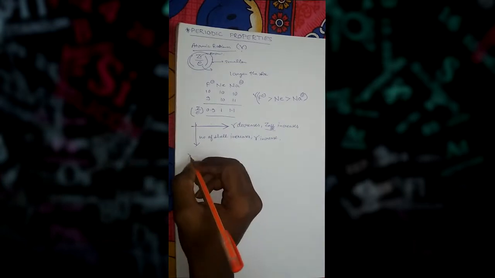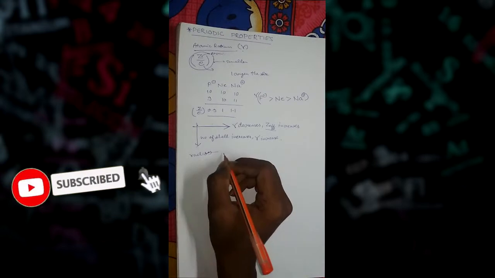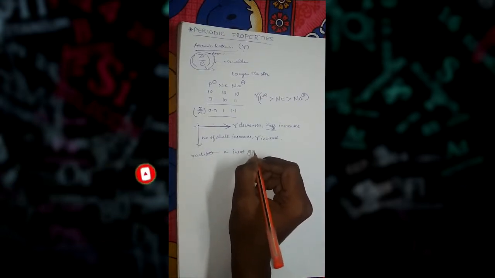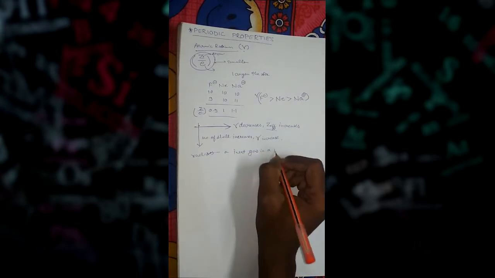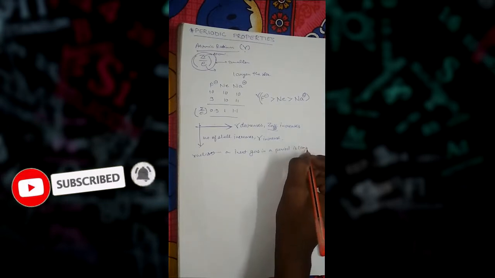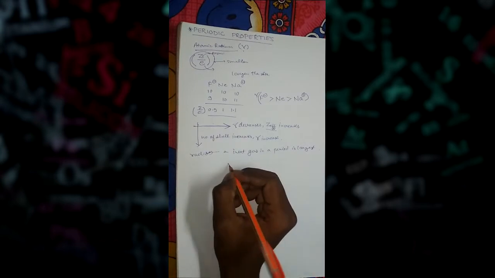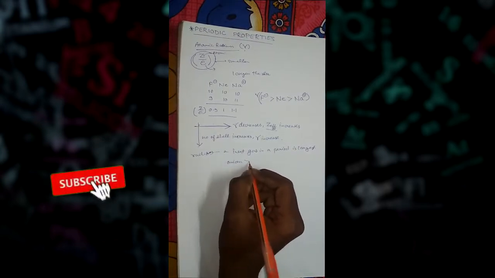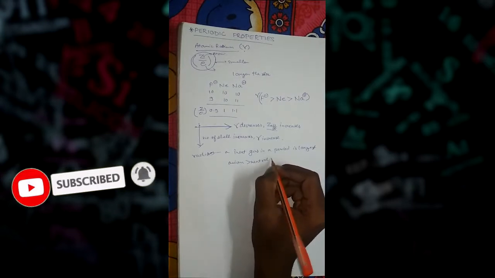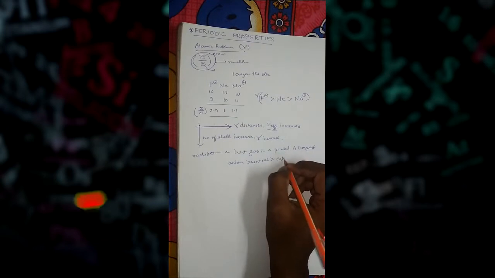Now the radius of an inert gas in a period is largest. Okay, and one more thing you guys have to remember is an anion is always greater than its neutral atom, and the neutral atom is also greater than its corresponding cation.